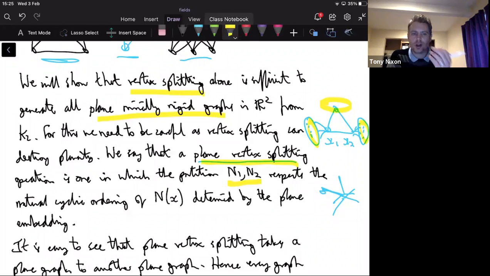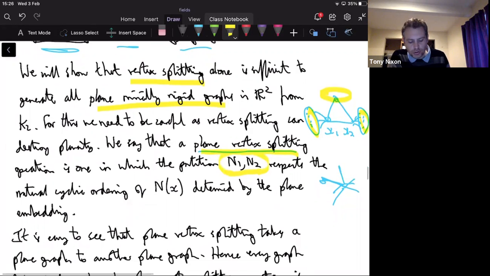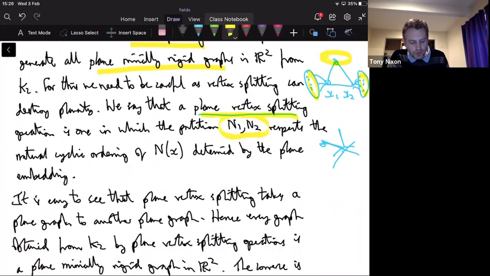So the smaller graph has a plane embedding, and we're going to just split the x into x1 and x2. We do that close to each other, so it's within some nice part of the plane embedding, and as long as we respect the ordering when we're determining which edges are incident to x1 and which are incident to x2, then we will result in a plane graph. So under this assumption, vertex splitting does take one plane graph to another plane graph.